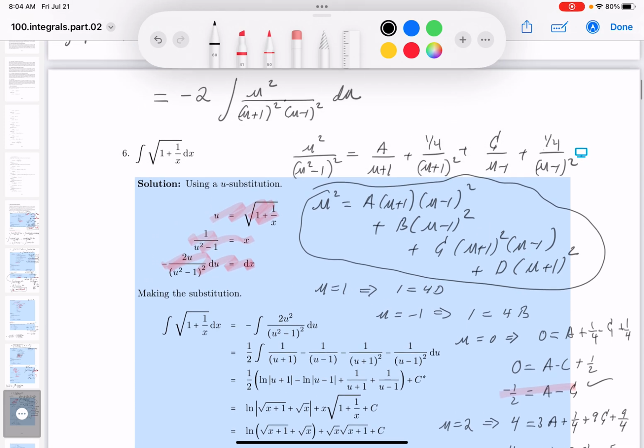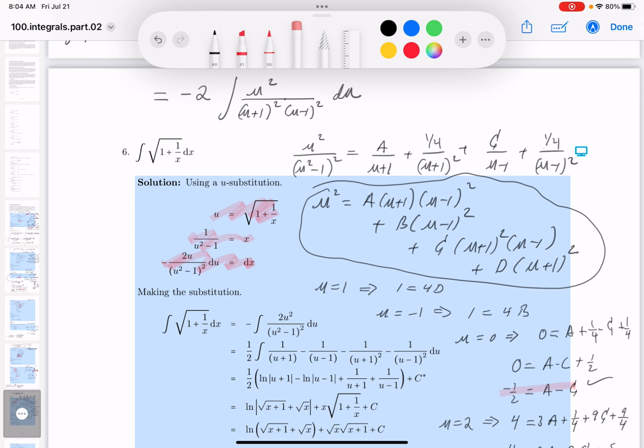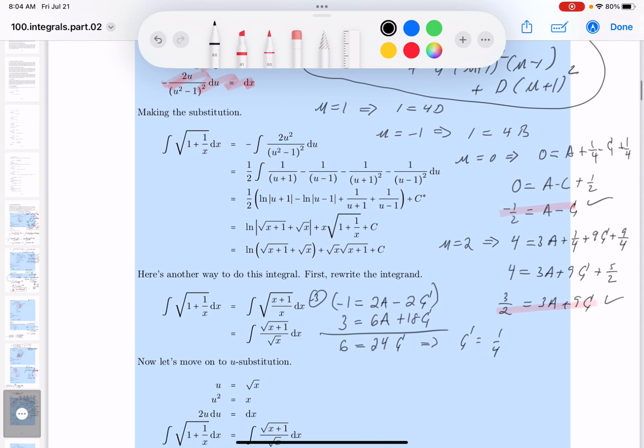Let me get my eraser out and put that down now. I've got to get A. How am I going to do that? I'm going to select one of the equations to do that. And I'm going to select this one over here because it looks like the easiest one to deal with. What do you get? Minus 1/2 equals A minus 1 quarter.